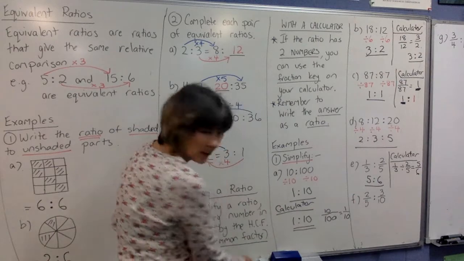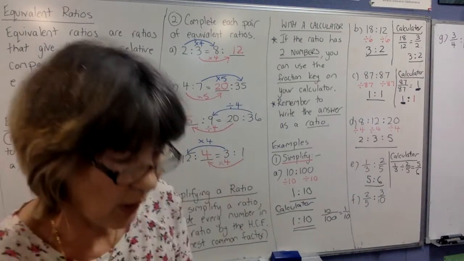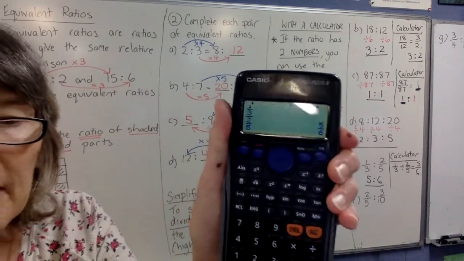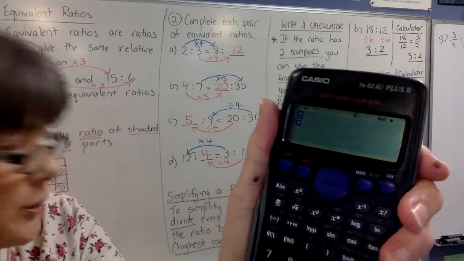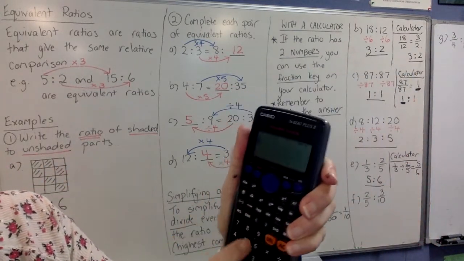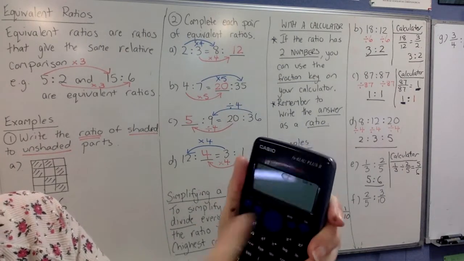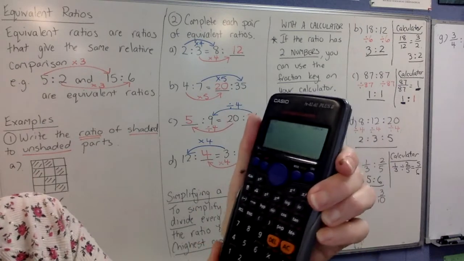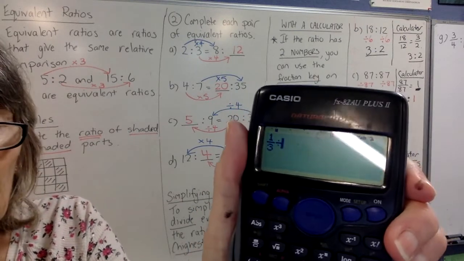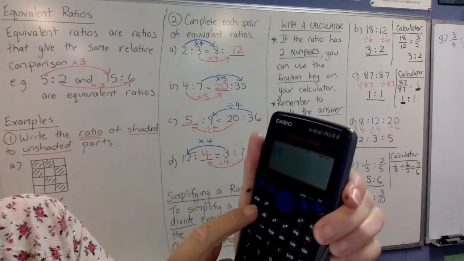Now you can do it as I said a minute ago with the divided by. So let's do it again. I'm going to press the fraction key, do 1 over 3, then right arrow so that we're out of that fraction key. Now we're going to press divided by, and the fraction key again.